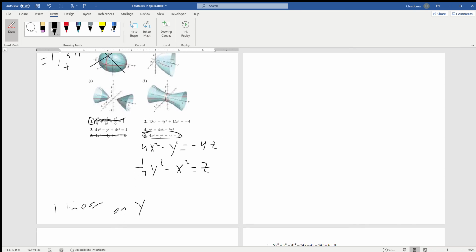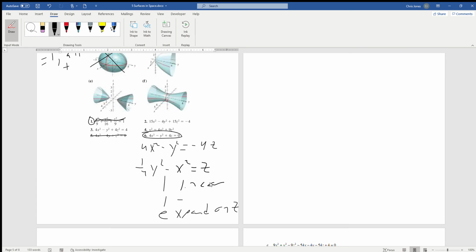So we have one linear term, and we have one negative, and it should expand on the z-axis because z is the variable that has the linear term this time.